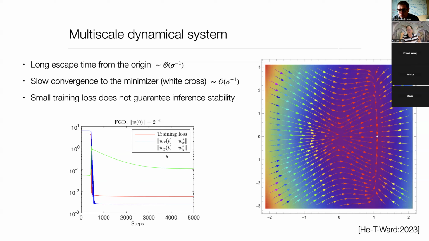We know that the magnitude of Wy star, or whatever you get there, will influence how your network function performs when you try it in the normal directions. So this just shows you that when your data distribution is multiscale, then just monitoring the training loss might not be sufficient to guarantee some kind of stability in your network's output.